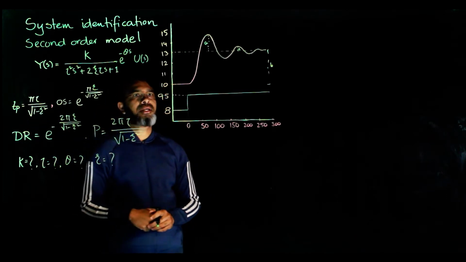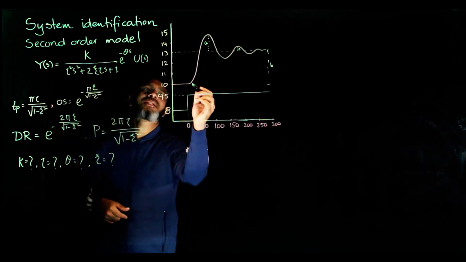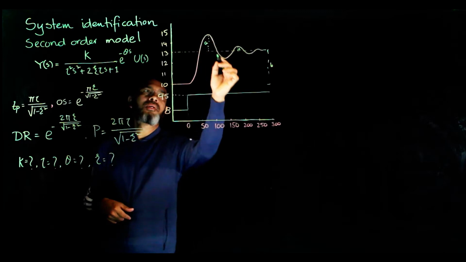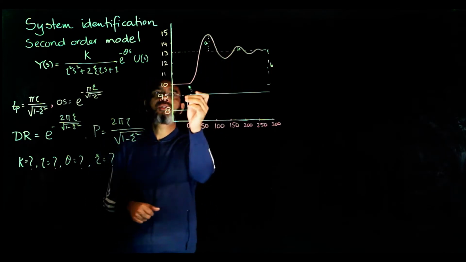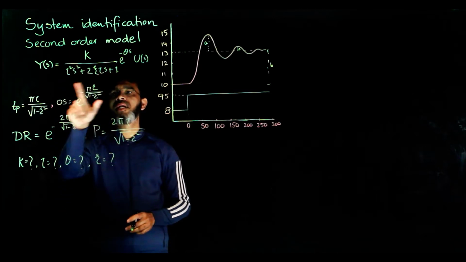Theta is the time delay, which is the time it takes for the response to start, and you can also find it from the curve. So for K and theta, we don't need any of these equations.